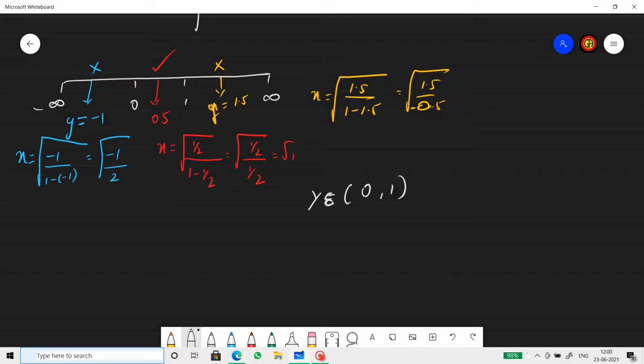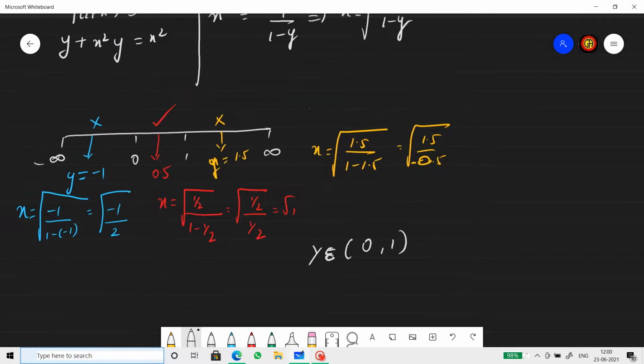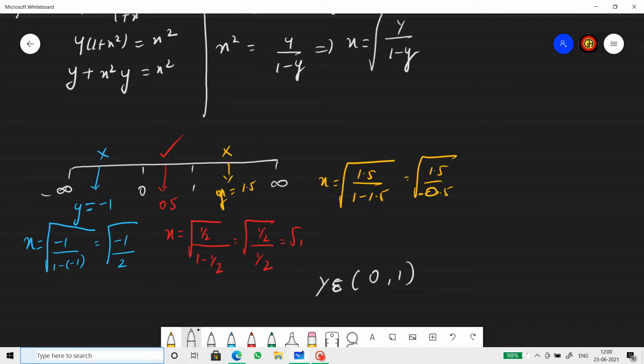Now, should I include 0 or 1 or both? Well, that depends on what the function is. The function is y by 1 minus y. I can include 0 because if I consider y as 0, only the numerator is 0, denominator will be 1. If I consider y as 1, the numerator will be 1, denominator will be 0. So I can include 0.